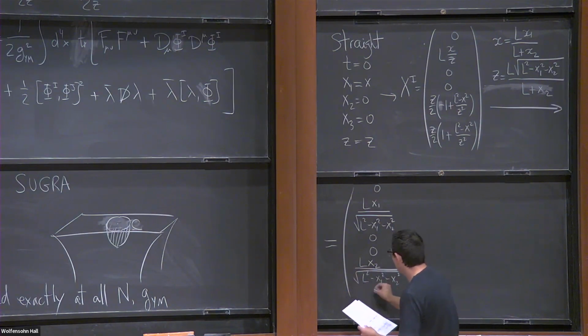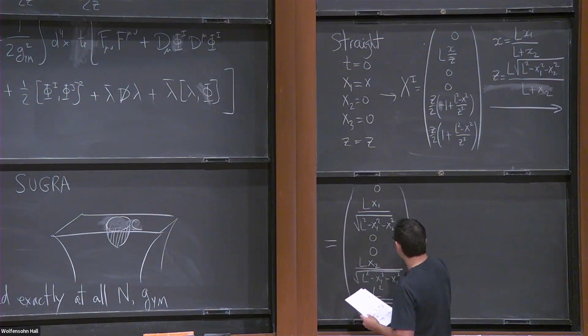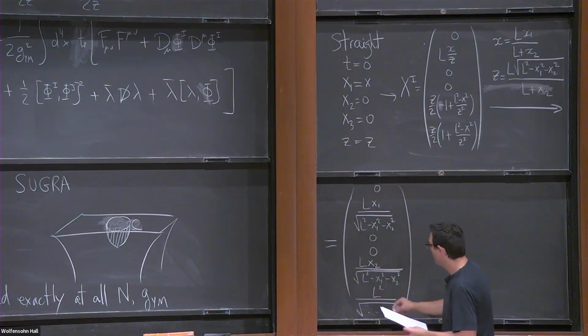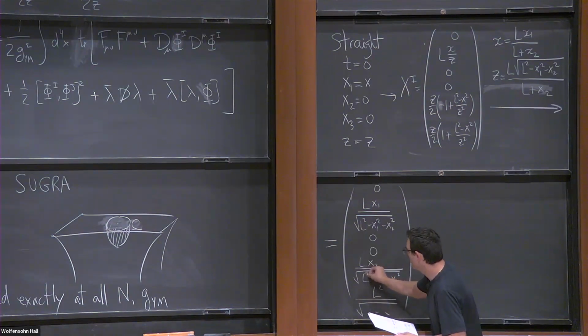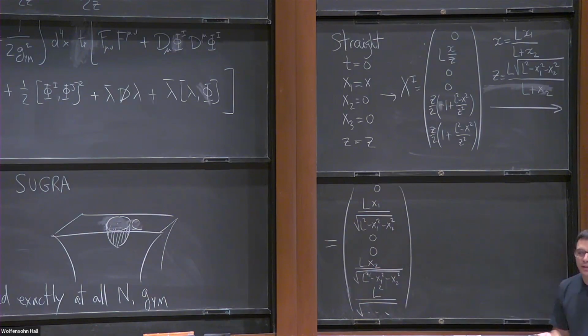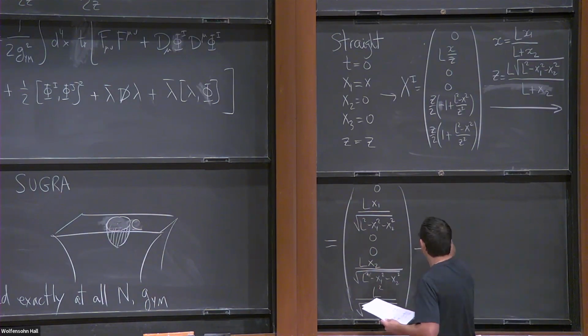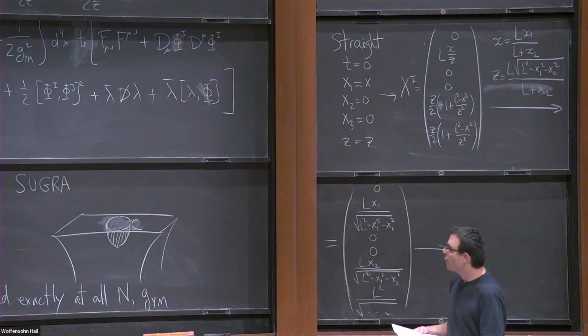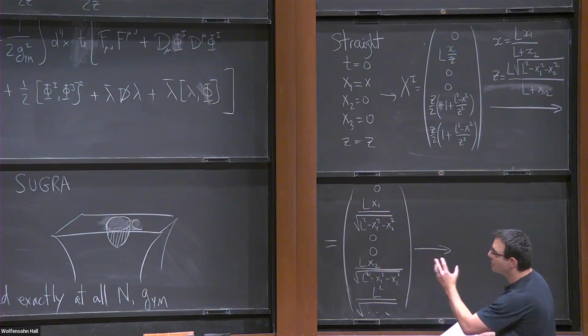And the last one is L squared divided by the same square root. I hope this is still readable, even though it's a little small. The idea is that I just did a coordinate transformation. And then we can do a conformal transformation on the boundary, which means an isometry in the bulk.